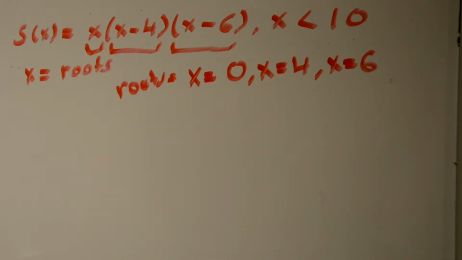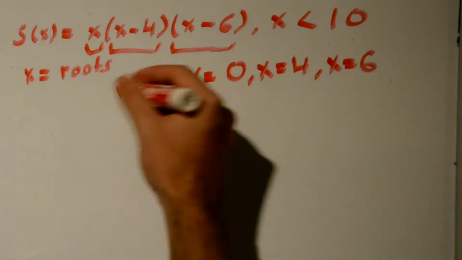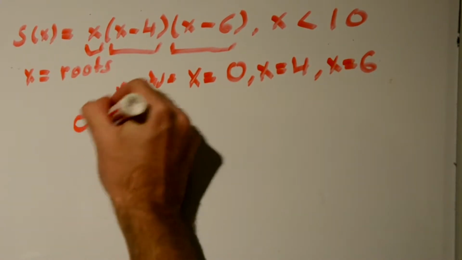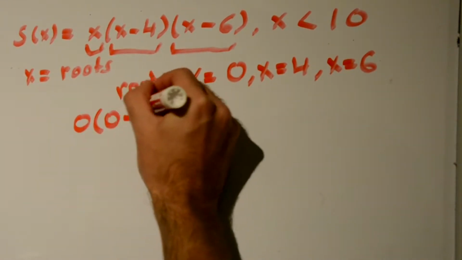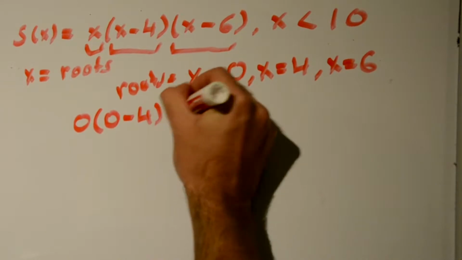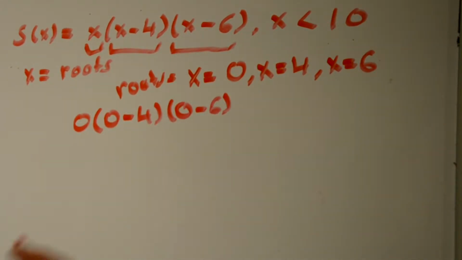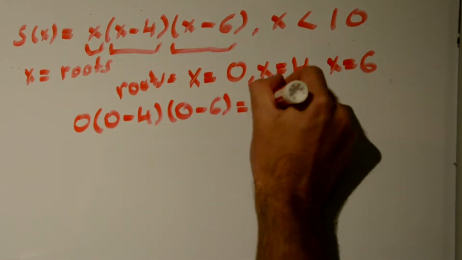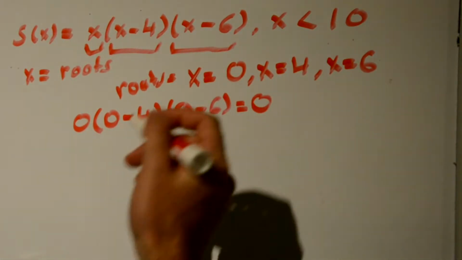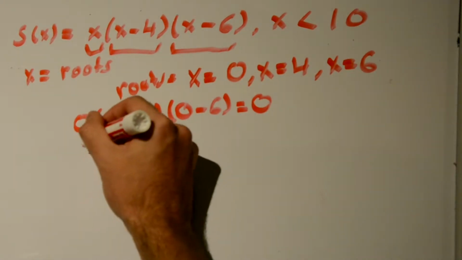To prove this, let's set those values back in as x. First off, we have 0 times (0 minus 4) times (0 minus 6). And 0 times anything equals 0, therefore the answer is 0, which is correct. Now let's try the next one.